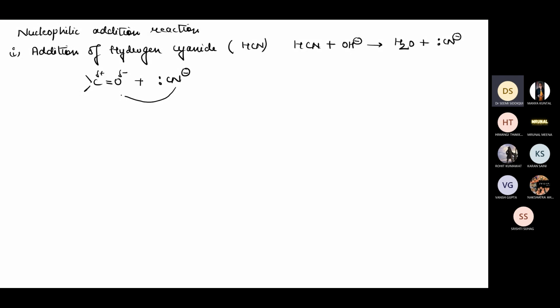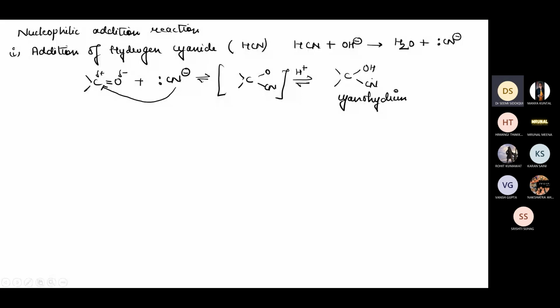There will be a simple intermediate that is going to form. Now this intermediate, when undergone hydrolysis, is going to give you the cyanohydrin. Okay. Now this can be your aldehyde or ketone, anything you can take.